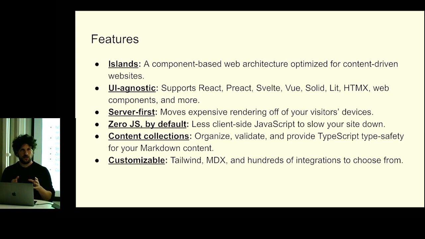That means that you write basic HTML and JavaScript, but you can add any other framework you want, also in the same component, not just one component per type. Then it is server first, so the most expensive rendering is done on the server side, so it ships just HTML, which brings us to zero JS by default.